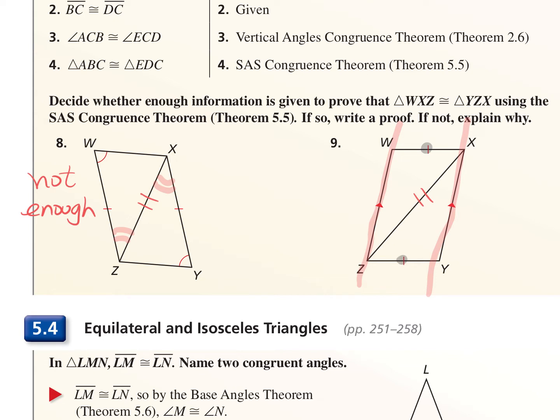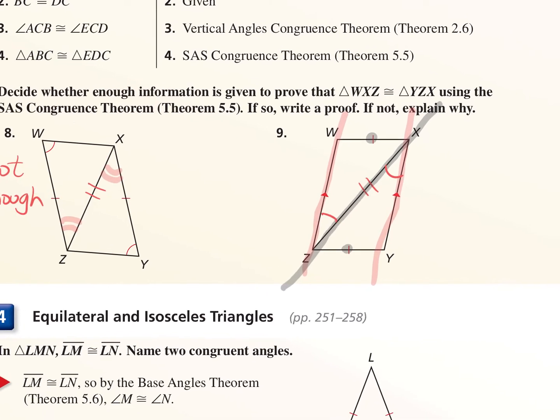I can also use this reflexive side as a transversal because I've got parallel lines, which then would have created a pair of alternate interior angles. However, the way that the congruency marks are in my picture, it is not enough information to prove the two triangles are congruent using side angle side because the angles that are marked, the alternate interior, are not the included angle. So this one is also not congruent.